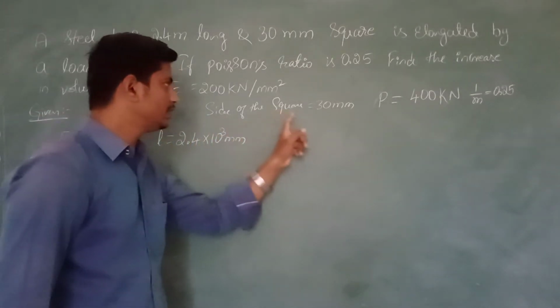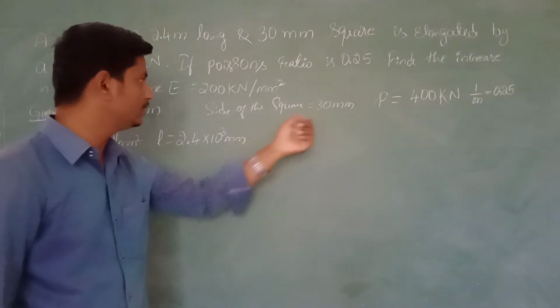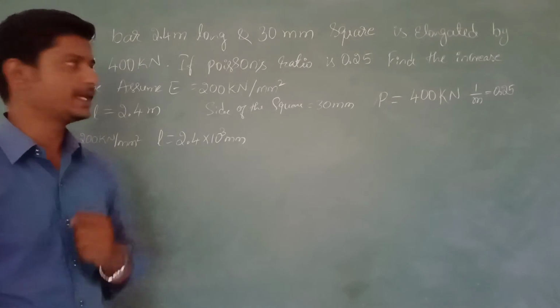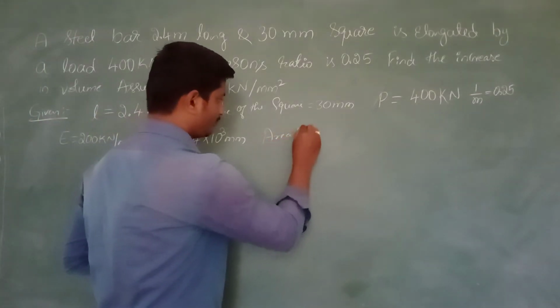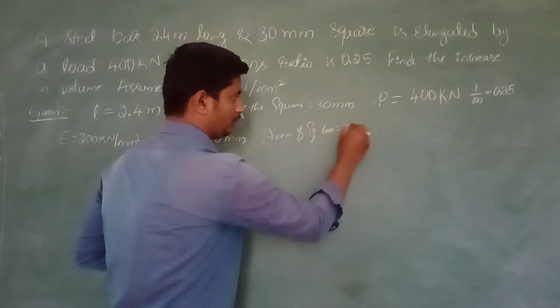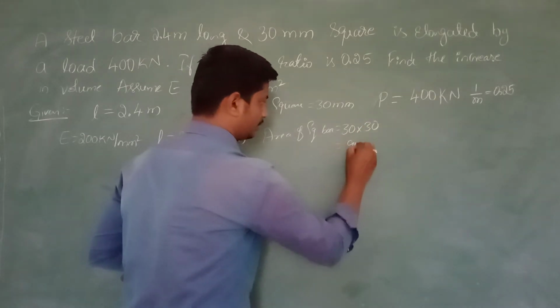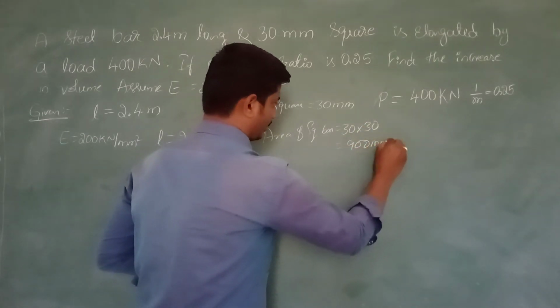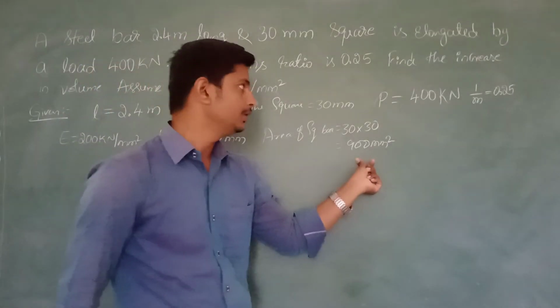Then the side of the square is given, so we can find out the area of the square bar. Area of square bar is equal to 30 into 30, that is 900 mm square. This is the area of the square bar.